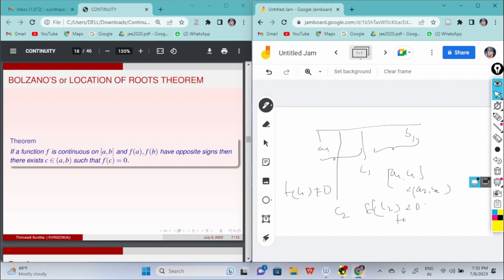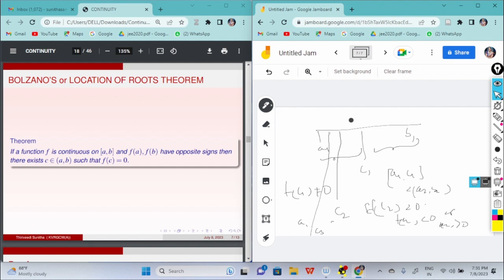Otherwise f(c2) less than 0 or f(c2) greater than 0. So again I take this as two parts. So like this I continue until I find the c for which f(c) is equal to 0.